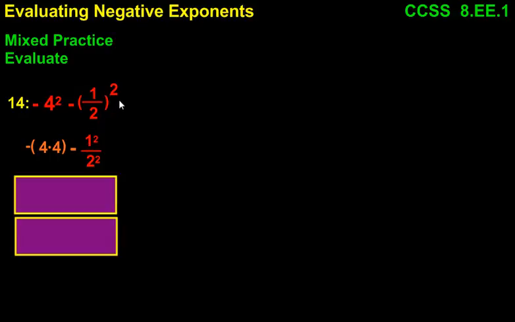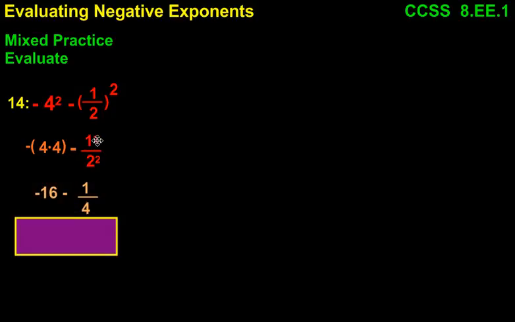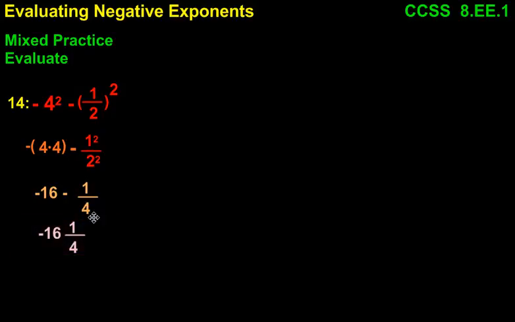And remember that this 2 is distributed to the numerator and the denominator in this fraction. So we have 4 times 4 is going to be negative 16, and 1 times 1 is 1, 2 times 2 is 4, so we have negative 16 minus 1/4. So we have negative 16 and a quarter, or 1/4.